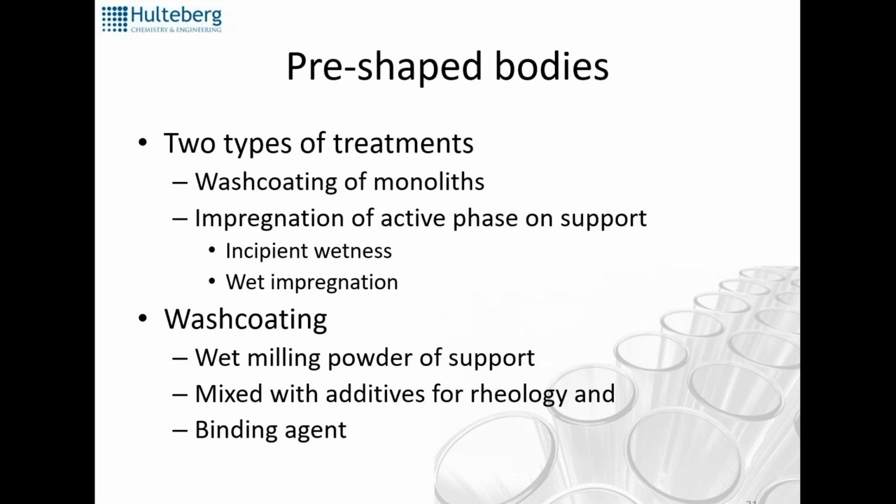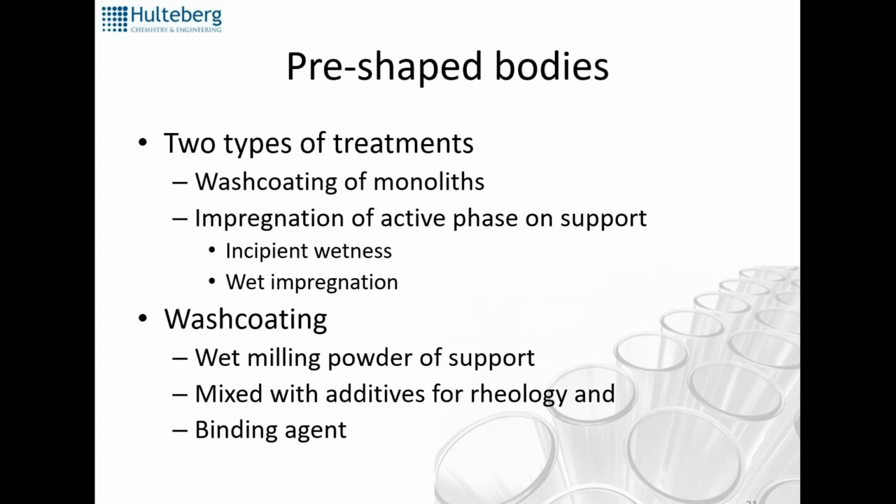We do a wet milling of this powder, and we mix in different additives like ethanol and nitrates to make sure that we get the right rheology. But we also have to have a binding agent. Binding agent can be boehmite, like the aluminum oxide hydroxide that transforms into gamma alumina, or it can be water glass, or a polymer, or glue, something that makes it stick to the monolith.